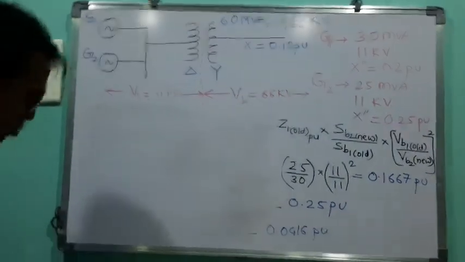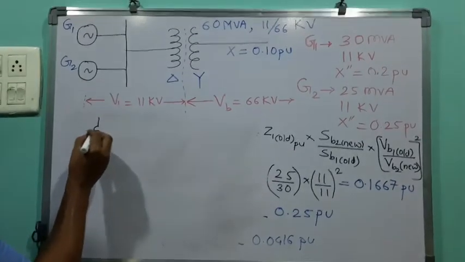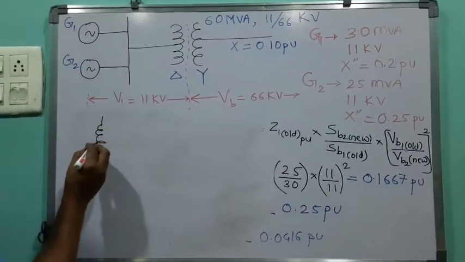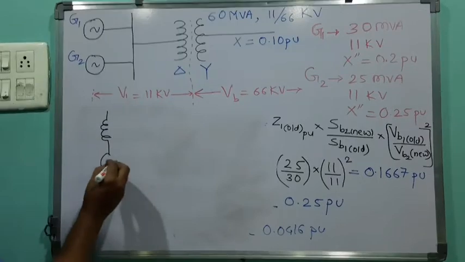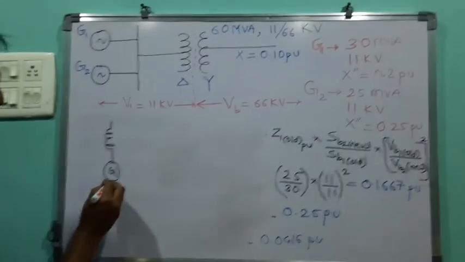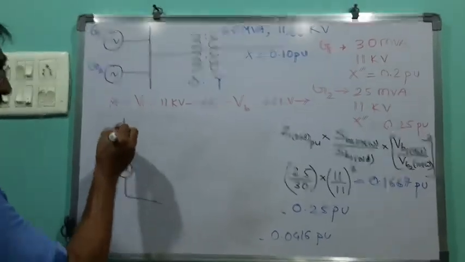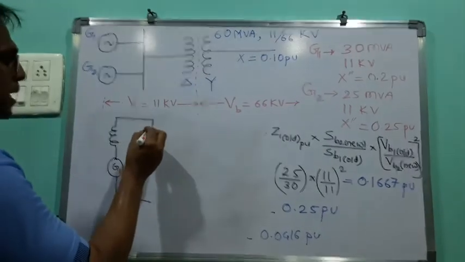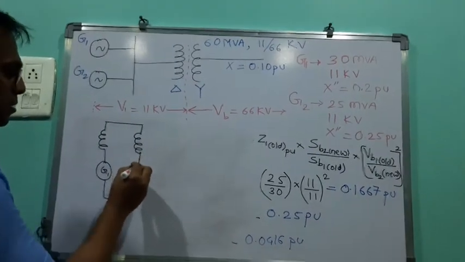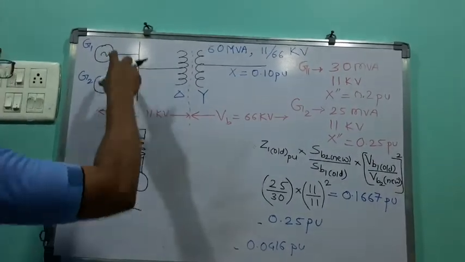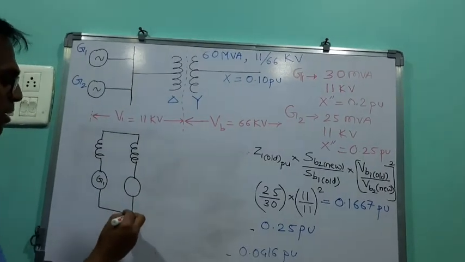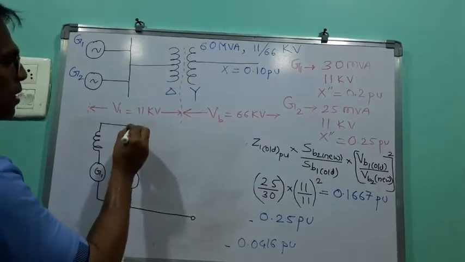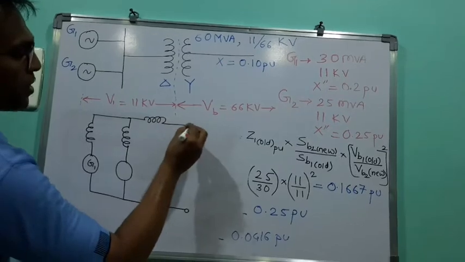Generators are 2, and those 2 are in parallel. So this is one generator like this. This is the reactance of that generator. Then another generator. These two are in parallel. So this is generator 2 and this is the transformer reactance.